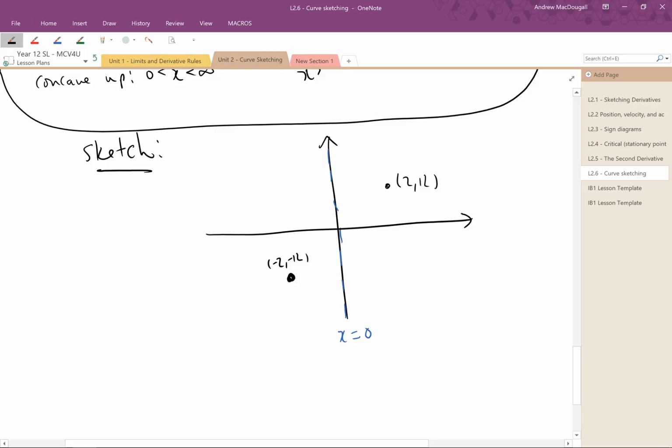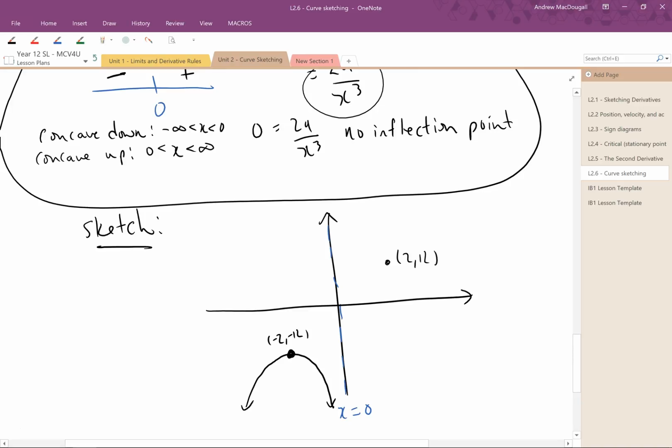And let's see. So we know it's concave down everywhere left, and it switches from increasing to decreasing across negative 2. And we know it's concave up on the right, so it's opening up, and it switches from decreasing to increasing at our min.